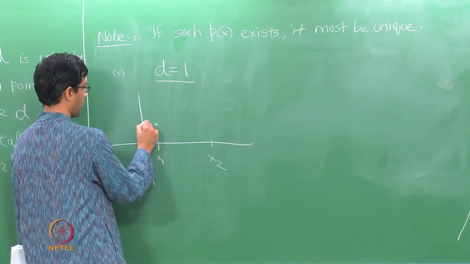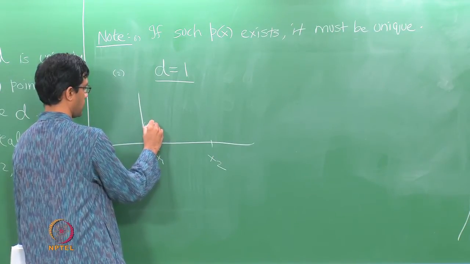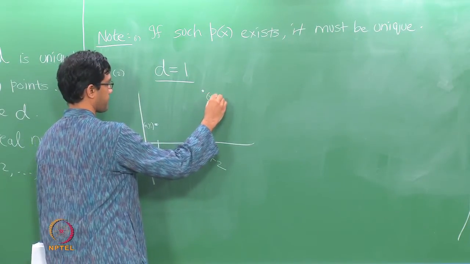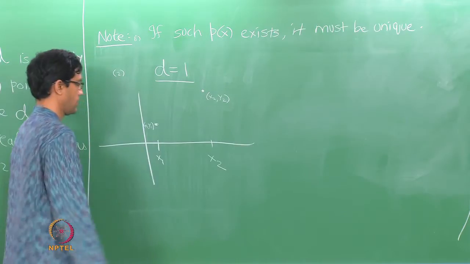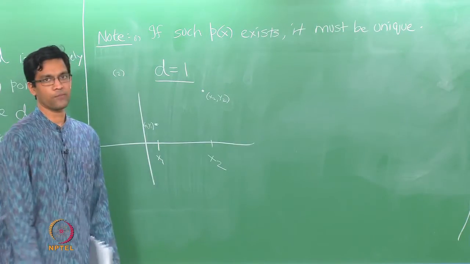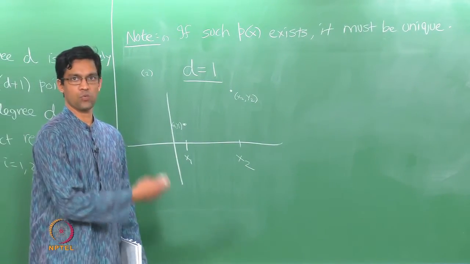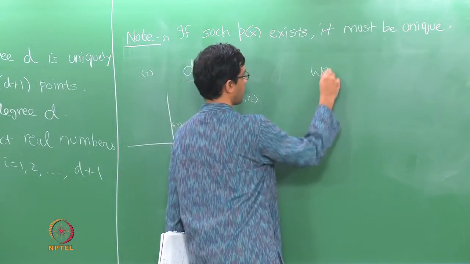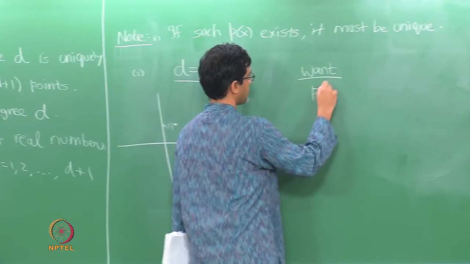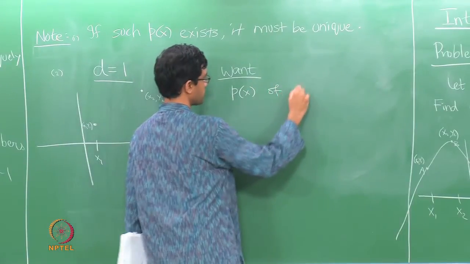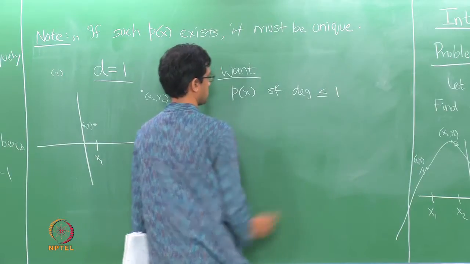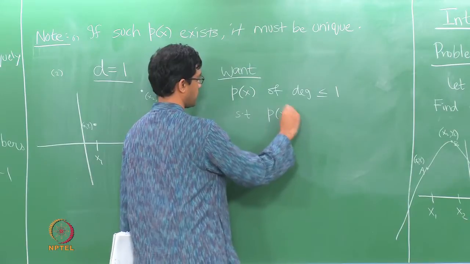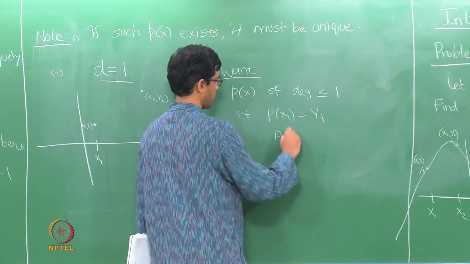So I am given y1, y2, so I have x1, y1, and I have x2, y2, and the question says, can you find a polynomial of degree at most 1, whose graph passes through these 2 points. Okay, so what do I want? I want a polynomial p of x of degree at most 1, passing through these 2 points such that p of x1 equals y1, p of x2 equals y2.